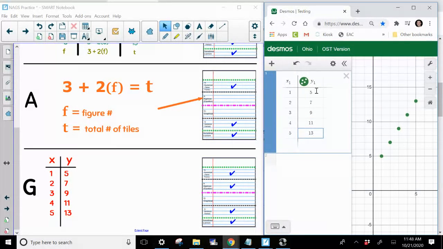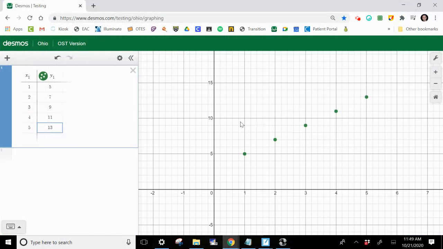And remember, down here, we want to make sure that we hit our zoom fit if we can't see all our points, but we can see all our points. So I'm going to actually make this bigger. And what we're going to see here is that when we draw our graph, which we need to do, we're going to look at our y and our x.